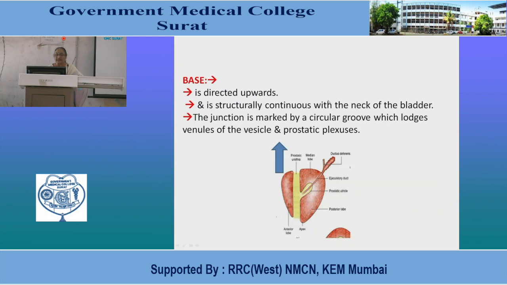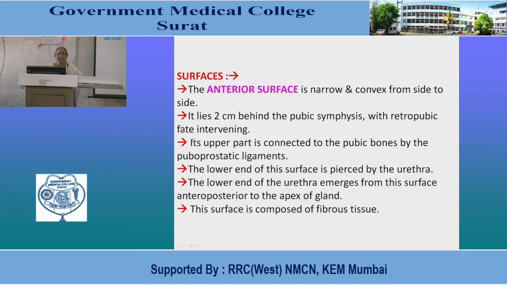Now surfaces. Number 1, anterior surface, that is narrow and convex from side to side. It lies 2 cm behind the pubic symphysis with the retropubic pad intervening. Its upper part is connected to the pubic bones by the puboprostatic ligaments.